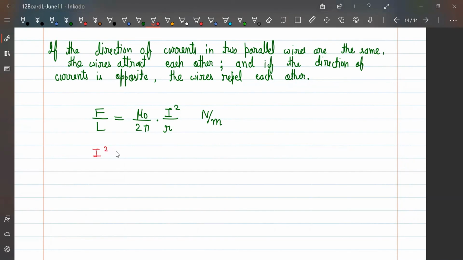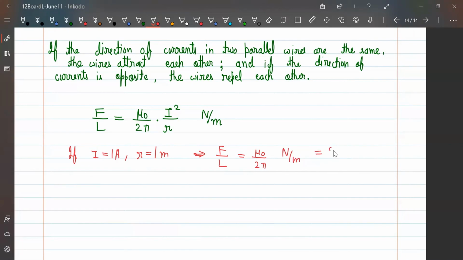I can write I square from here, that will be 2 pi by mu naught, R into F by L. Or we can write, if I is equal to 1 ampere, R is equal to 1 meter, then force per unit length will be equal to mu naught by 2 pi Newton per meter.